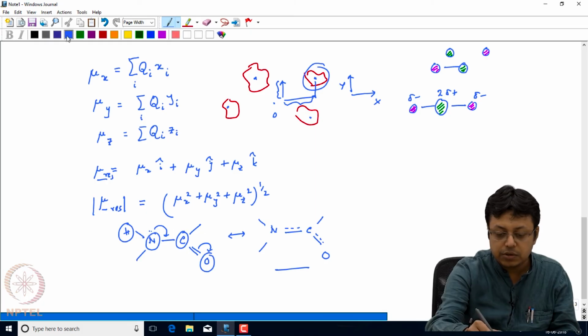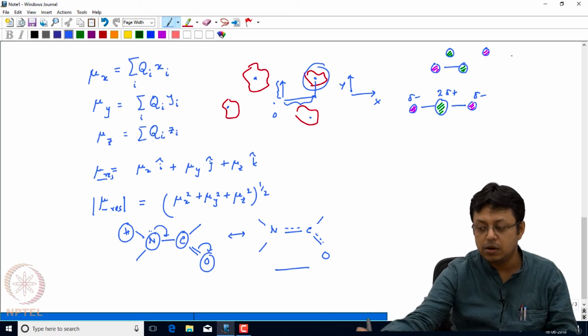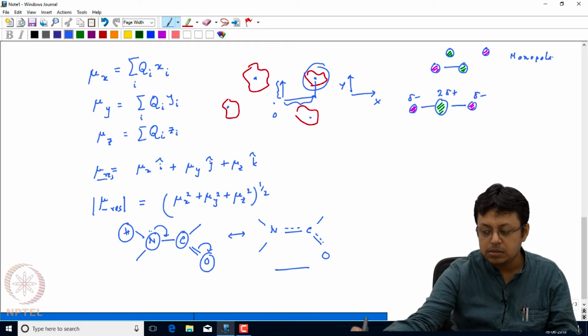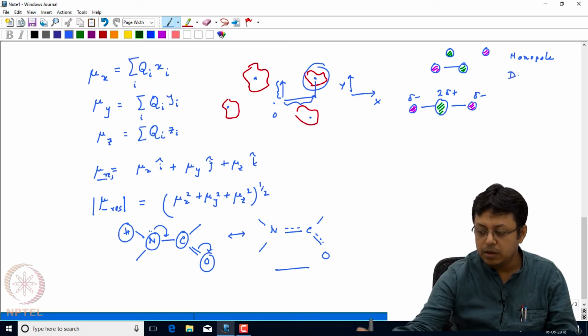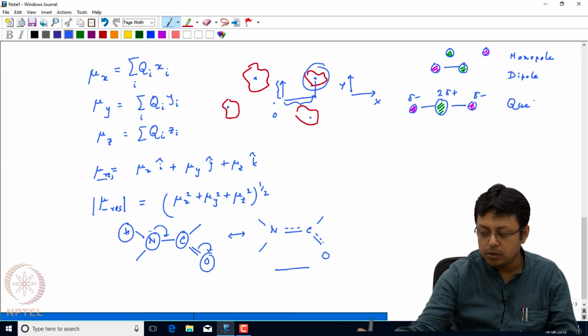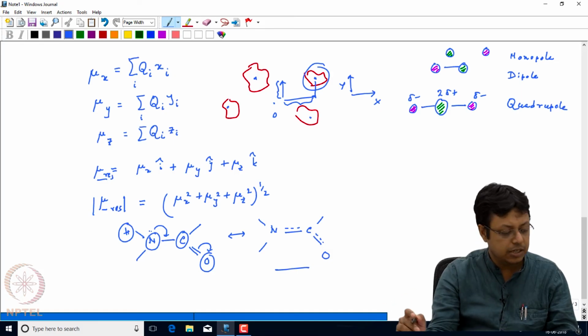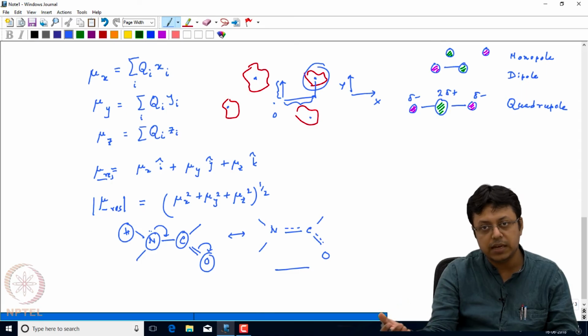So we have many different poles, or these are in general called multipoles. Like monopole, then we have dipole, and then we have quadrupole. You can also get quadrupole from very different arrangements, but we are not going into the details. You can find it in the recommended text, which you are supposed to have a look at.